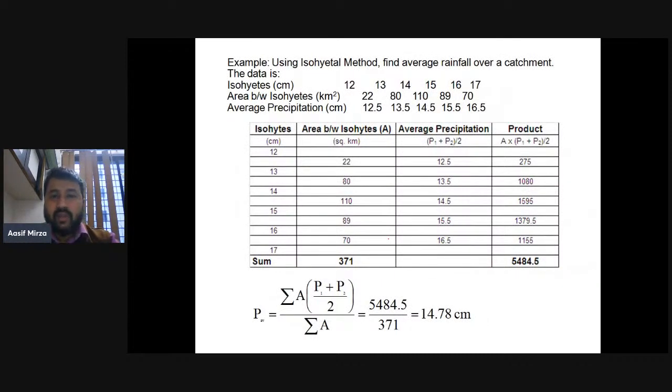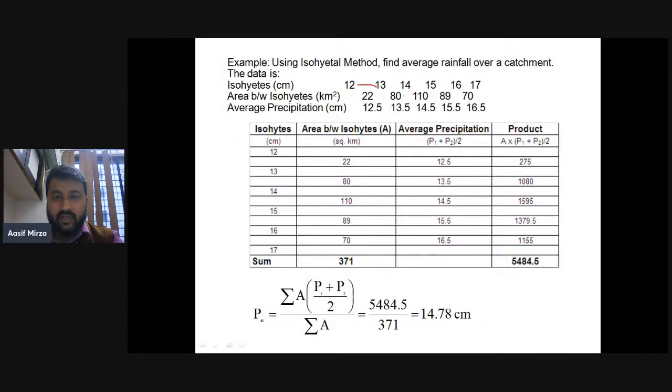Using the isohyetal method, find average rainfall over a catchment. The data is given as isohyets of 12, 13, 14, 15, 16, and 17 centimeter. The area between the isohyets of 12 and 13 is 22 kilometer square.